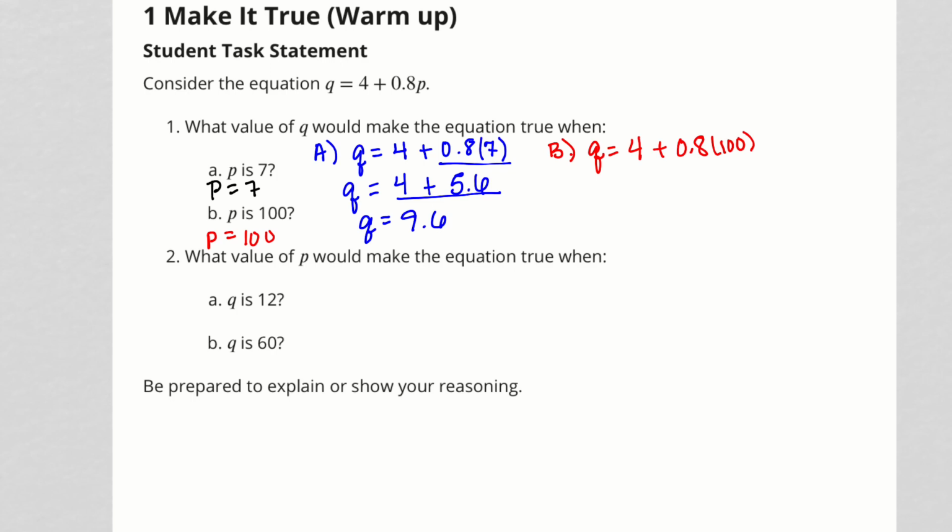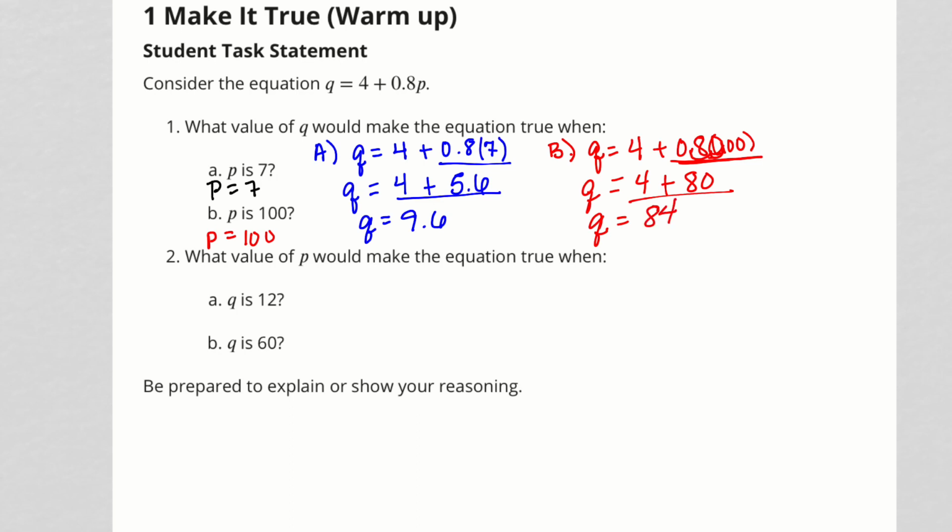First thing we do is 0.8 times 100. When we times by 100, we can just move the decimal place to the right twice. So we move this 1, 2, plug in a 0, and we will get 80 plus 4 equals Q. 4 plus 80 is going to be 84, so Q equals 84.